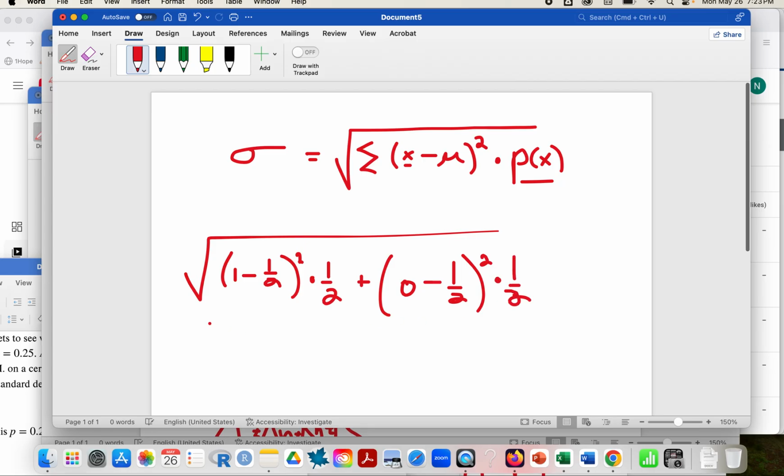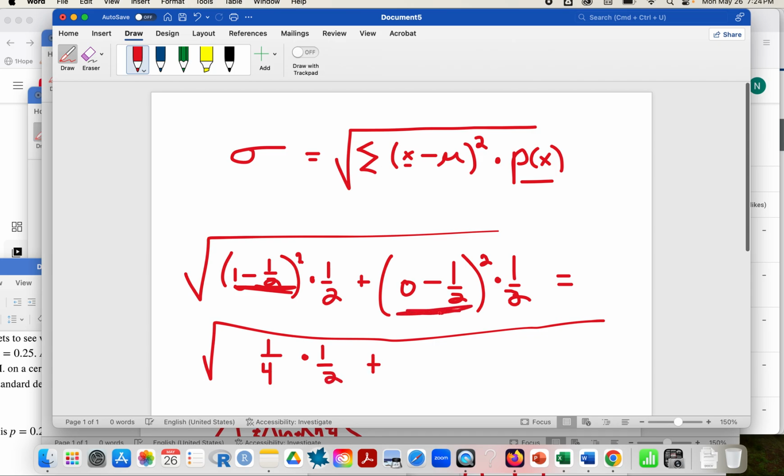Now, what this will be equal to is the square root, and so this is going to be negative 1/2 squared, and when you square it, you're going to end up with 1/4. So this part becomes the 1/4 after you square it, and then you're multiplying it by a half. And this piece in this set of parentheses is going to be negative 1/2, but since we're squaring it, negative 1/2 times negative 1/2 is a positive 1/4 times a half.